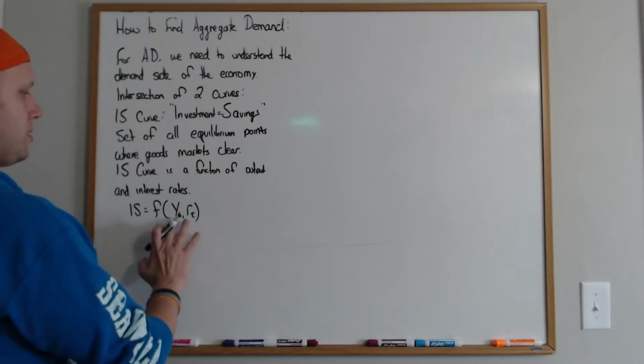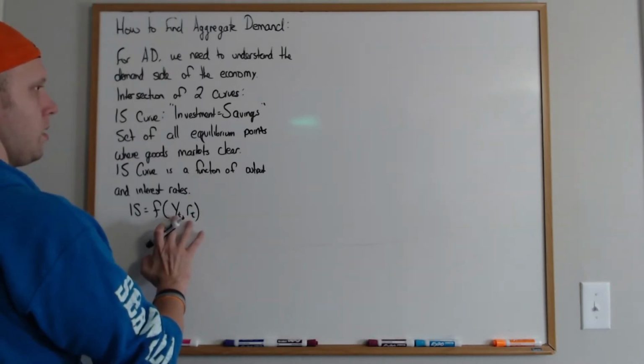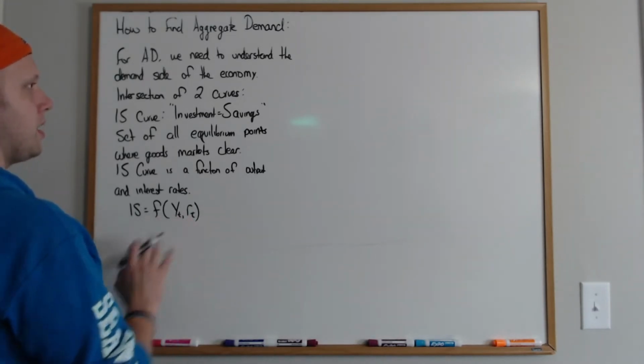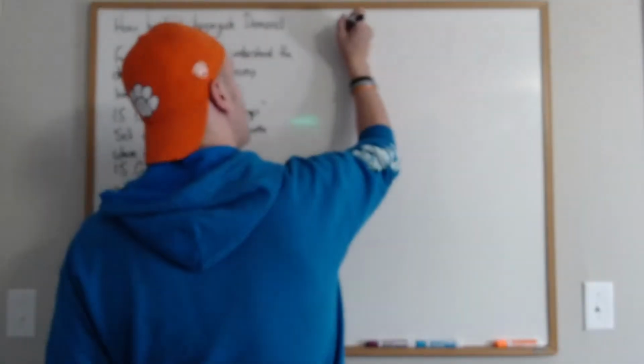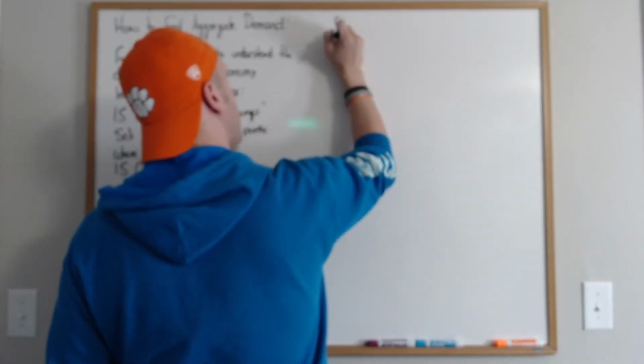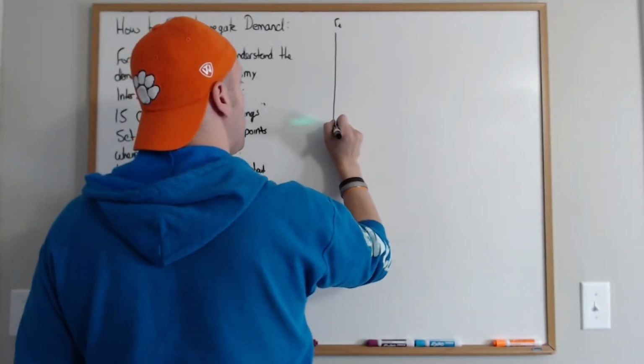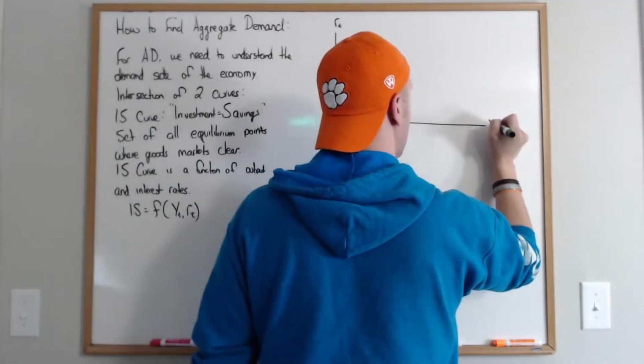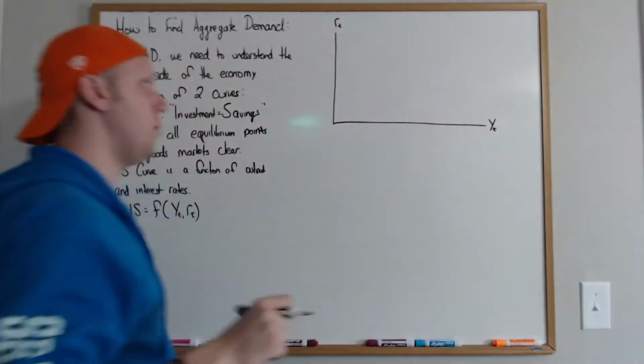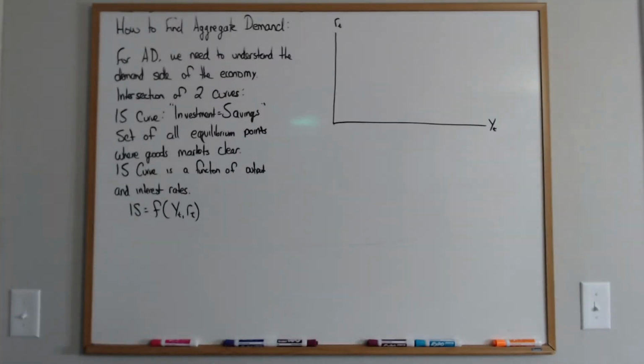Because the axes that it's defined on are going to be the real interest rate, r, and output Y, or income, right?